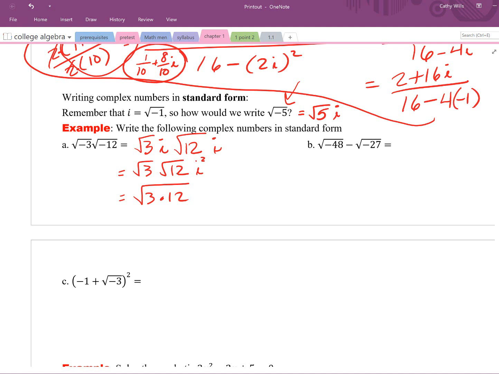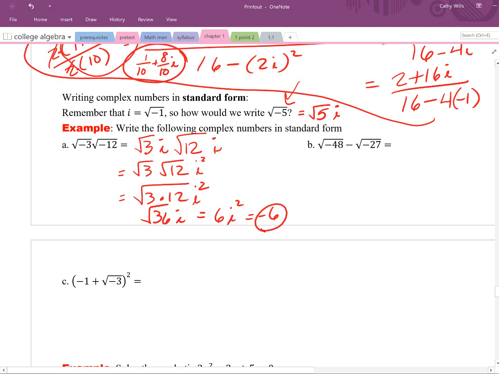The product of two square roots is equal to the square root of the products. This is not true for sums or differences. Be very careful what you're doing. So that's the square root of 36 times i squared, which is 6i squared, and i squared is negative 1, so the answer is negative 6.